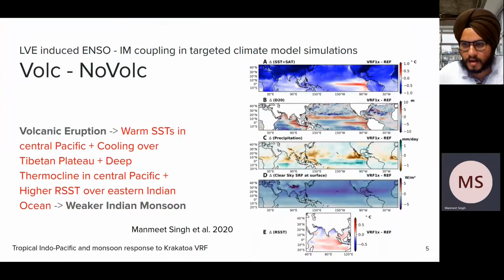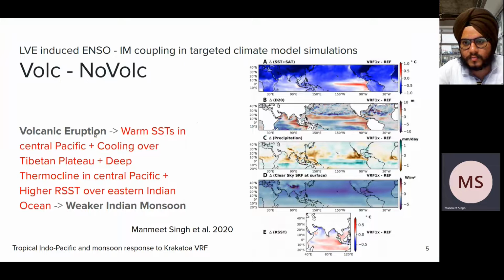We did climate model sensitivity experiments with the IITM Earth System Model. It can be seen that in the coupled model there is warming in the Pacific and drying over the Indian landmass, and this kind of physical mechanism was deciphered in the study.